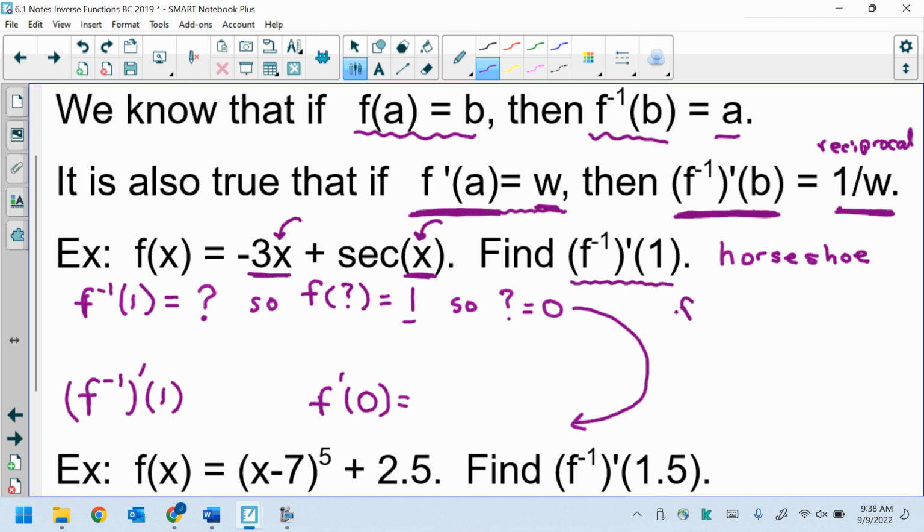If f of x equals negative 3x plus the secant of x, then the derivative f prime of x equals negative 3 plus secant x tan x.